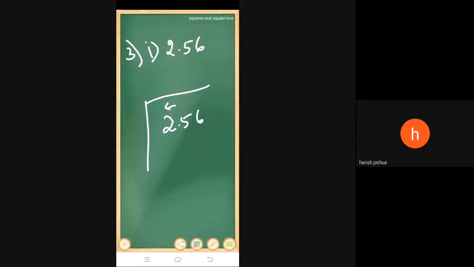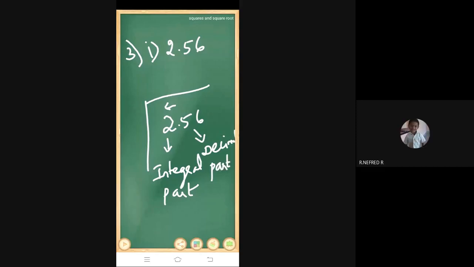For a number which is having a decimal part, see, listen. This is called the integral part, and this is called the decimal part. So for the integral part, as usual procedure, from right to left, you have to form a pair. Right to left.